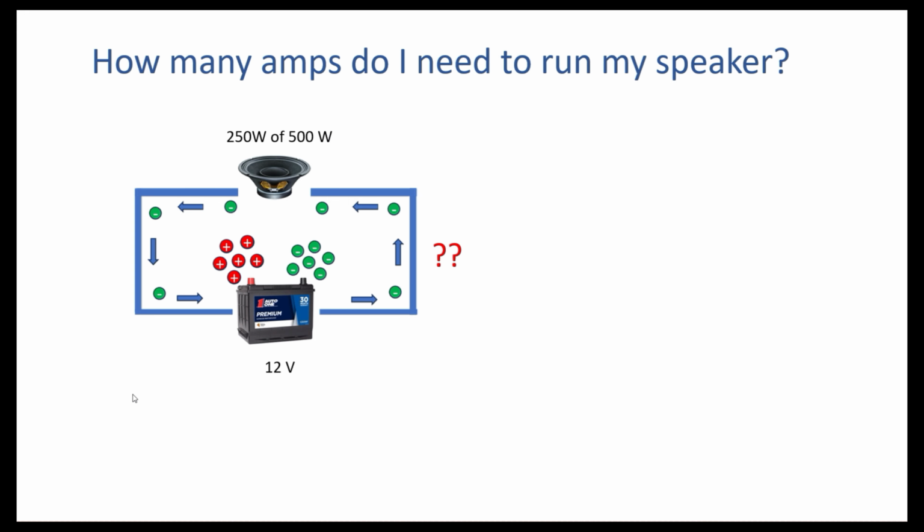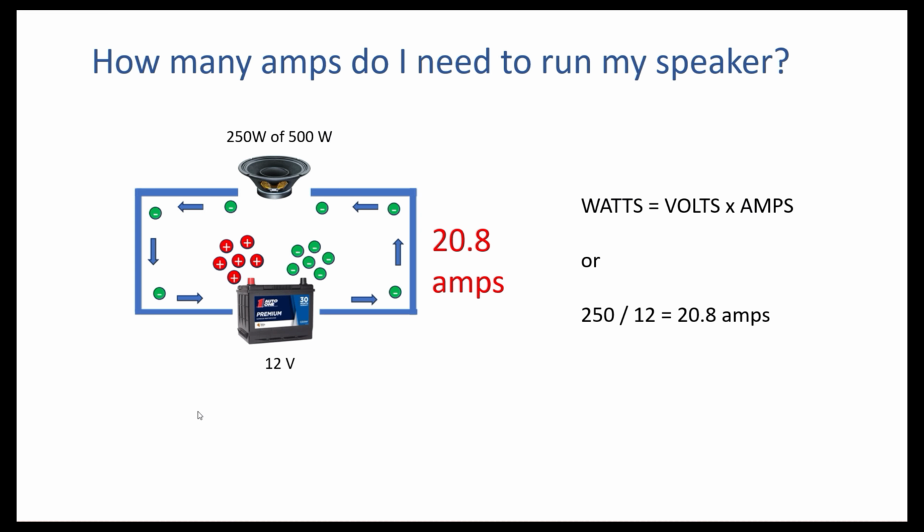Because it is the volts that actually make the speaker cone move in and out. We can answer that by using the formula that we looked at before: watts equals volts times amps. So in this case, it'll be 250 watts divided by 12 volts, which gives us 20.8 amps.